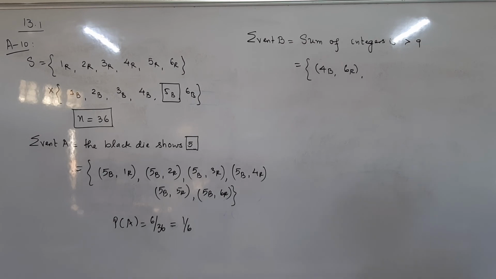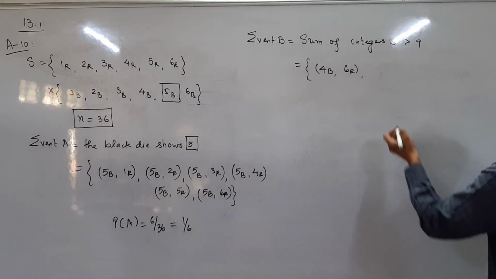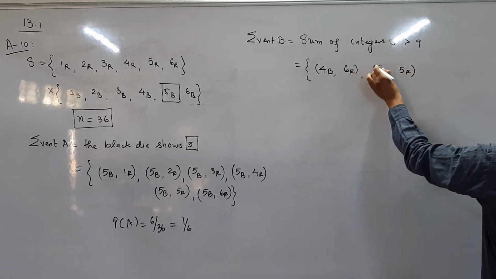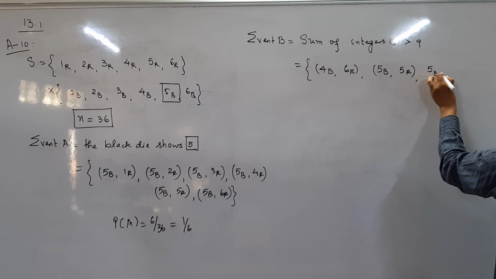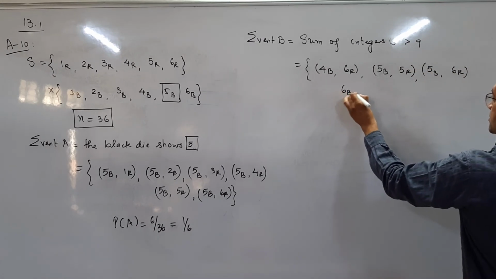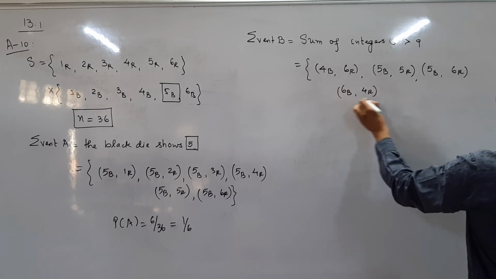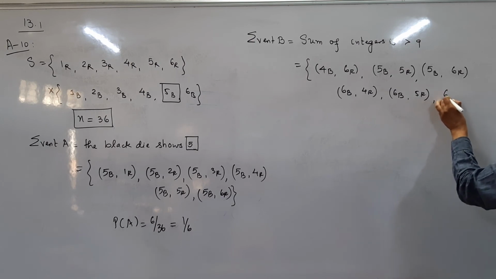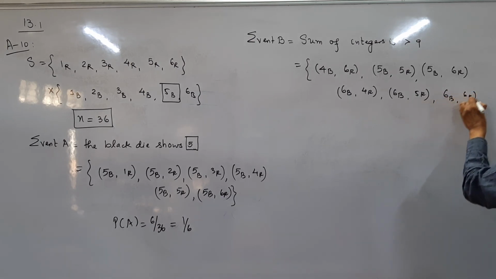So 4b 6r, 5b 5r, then 5b 6r, then 6b 4r, then 6b 5r, and 6b 6r.